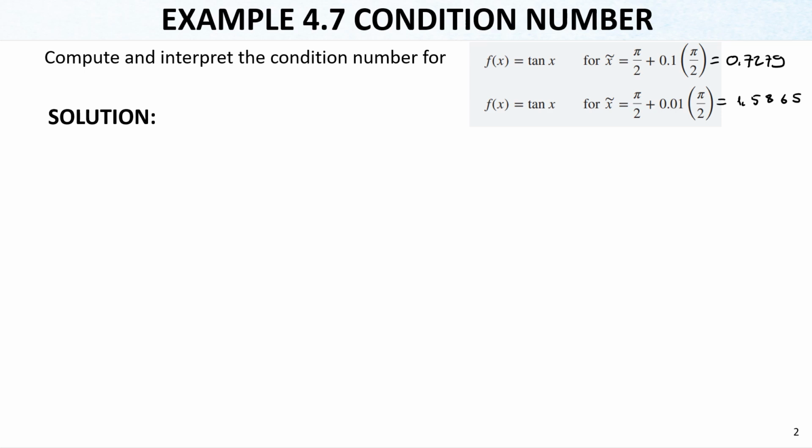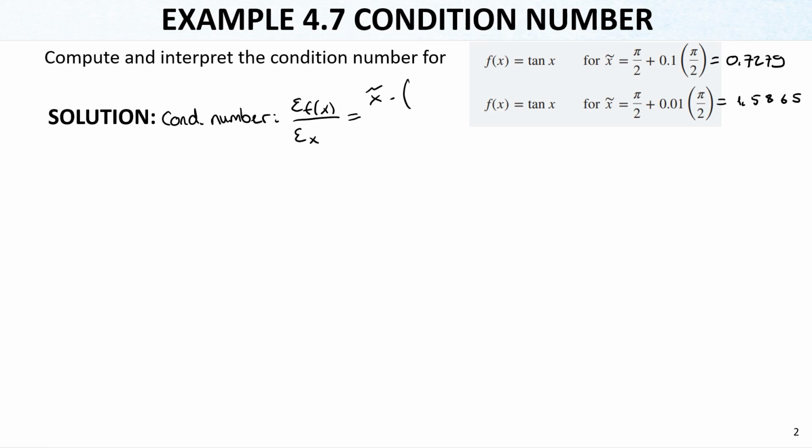Okay, we want to have the condition number now. You know that the condition number is just the derivation of epsilon f(x) divided by epsilon x. Epsilon f(x), if you remember, was obtained as x tilde times the derivative of the function, which is here the tan x function.